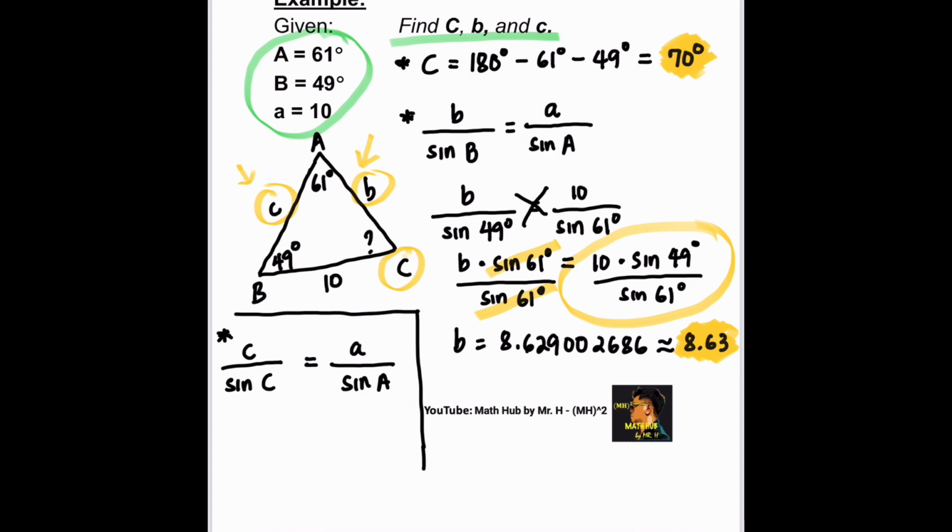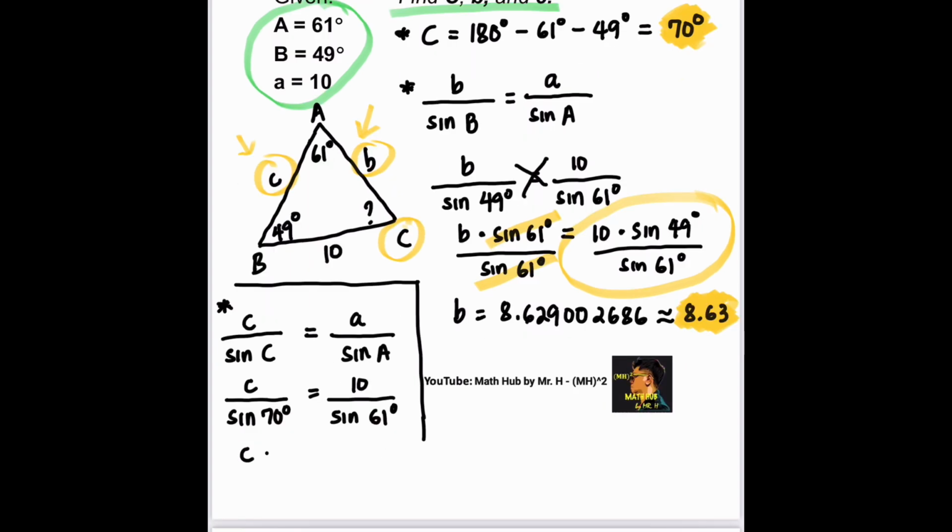Going back here, we need to plug in the values. c is what we're looking for, so we just leave it like that, divided by sine C. C is 70 degrees, so we get sine 70 degrees equals a is 10 divided by sine 61 degrees. Cross product again, so c times sine 61 degrees equals 10 times sine 70 degrees.